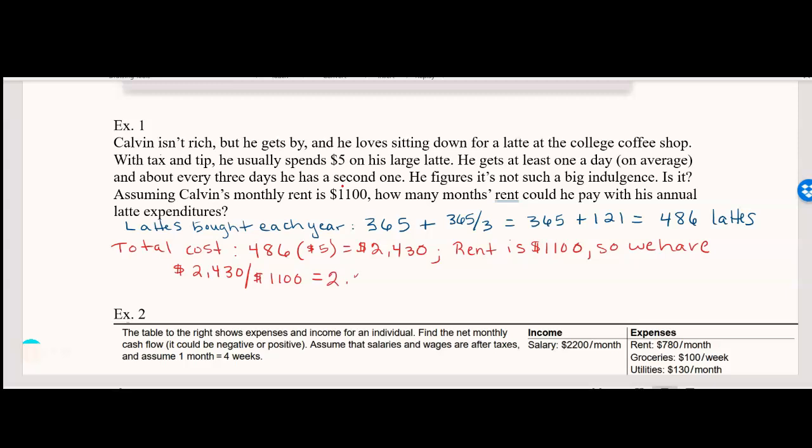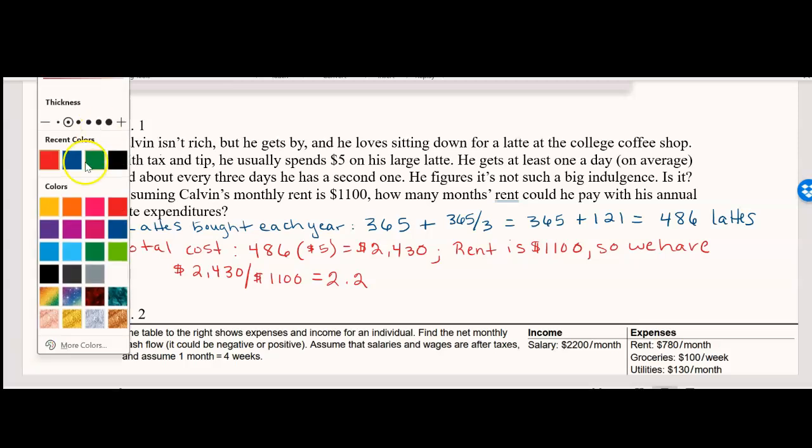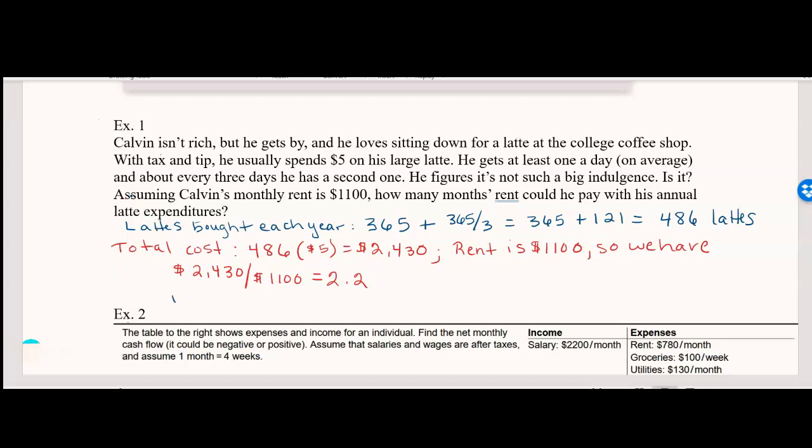This comes out to be 2.2, meaning our conclusion would be he could pay just over 2 months rent with the latte. So if he stopped paying for those lattes every day, he actually could come up with just about 2 months of rent for that whole year.